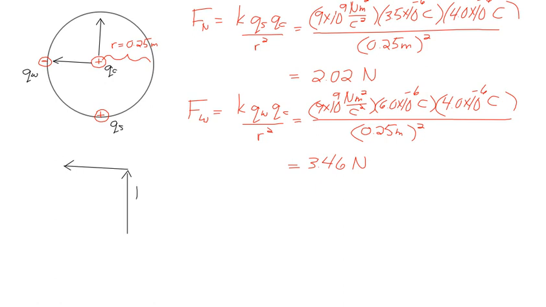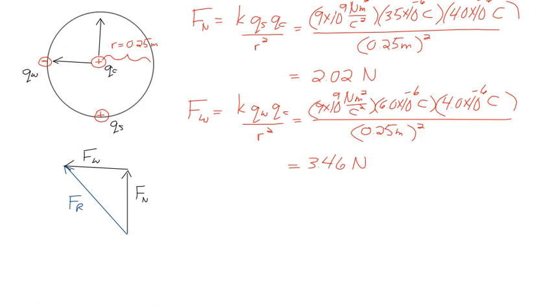So this represents the force in the north direction, and this one represents the force in the west direction. So my resultant is going to be this. What I just drew, that is my resultant force.